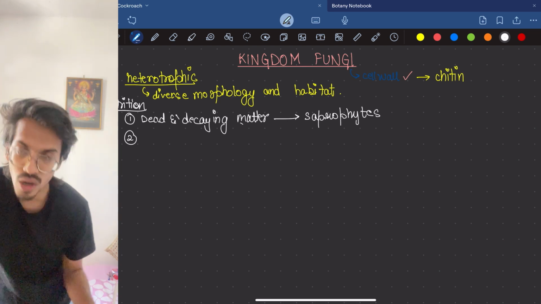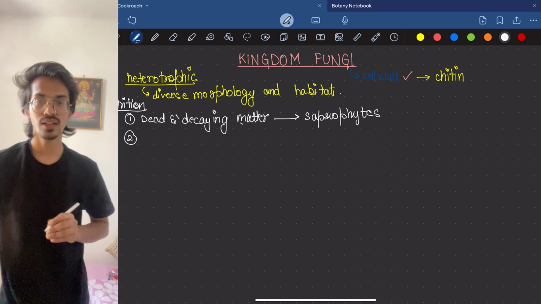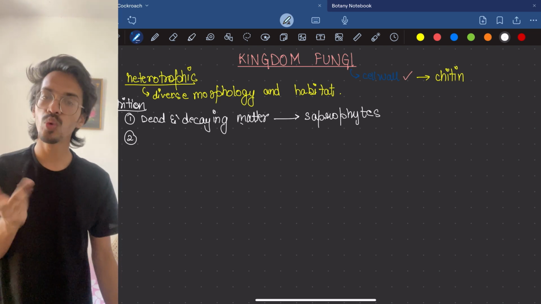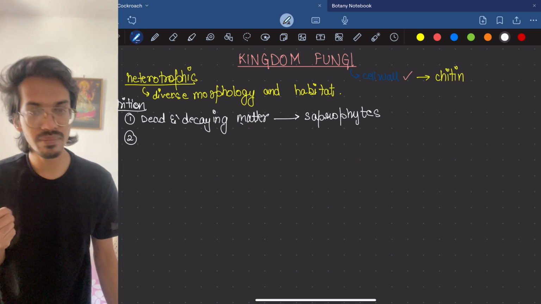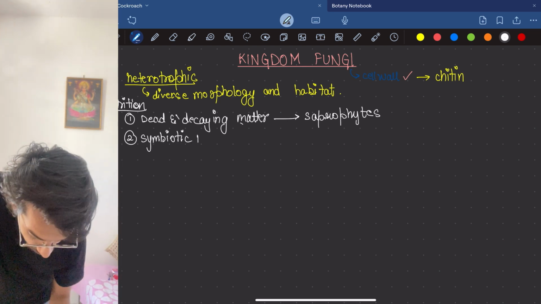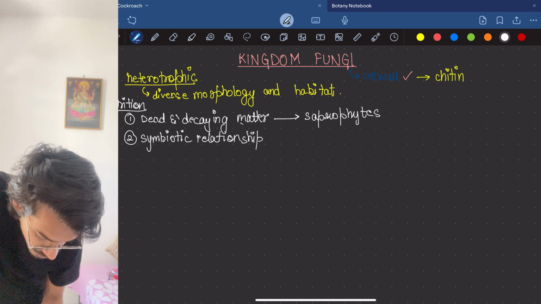Second thing is, if they are in an association with certain organisms, they can't make their own food, but they obtain food from others. Who can make food on this planet Earth? Only plants. So another way is a symbiotic relationship.